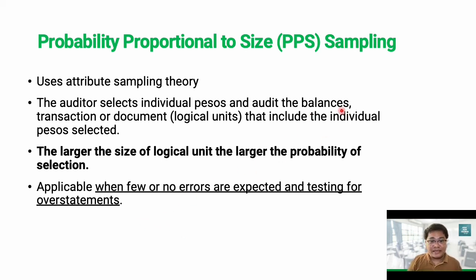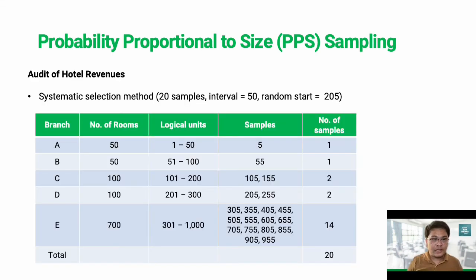So let's have an example of application of PPS or probability proportional to size sampling. Let's apply the concept. Now let's say you are auditing the revenue of a hotel which has 5 branches: branch A, branch B, branch C, branch D, and branch E. Okay? And then you noted that the internal control over the bank is strong or reliable, and you wanted to test for the overstatement in hotel revenues.